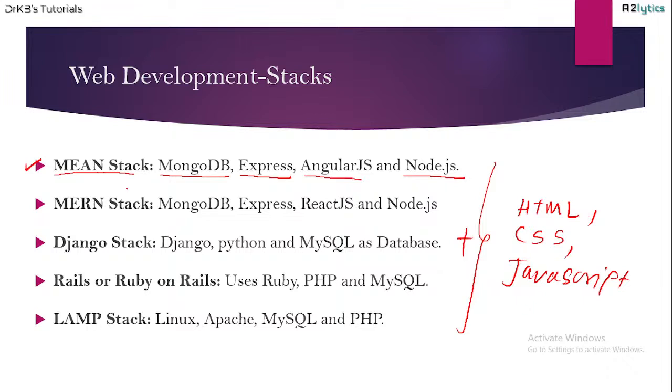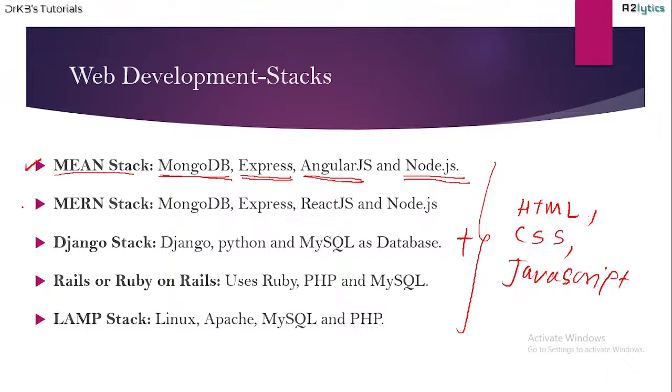So in the MEAN stack you have to learn MongoDB, Express framework, AngularJS framework, and Node.js framework. Then you will become a MEAN stack web developer.